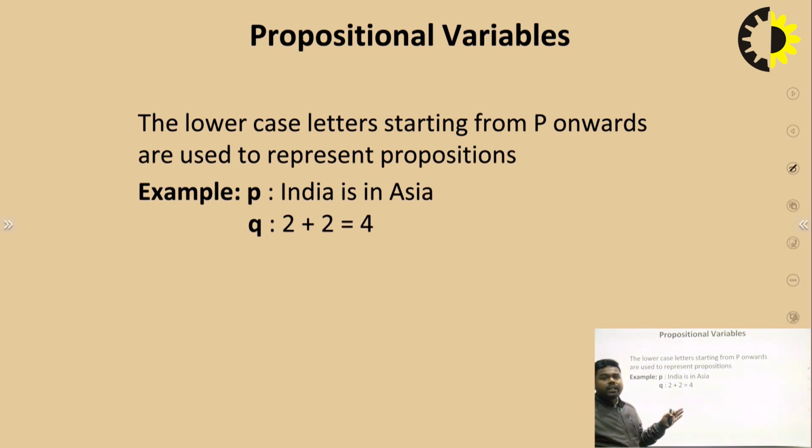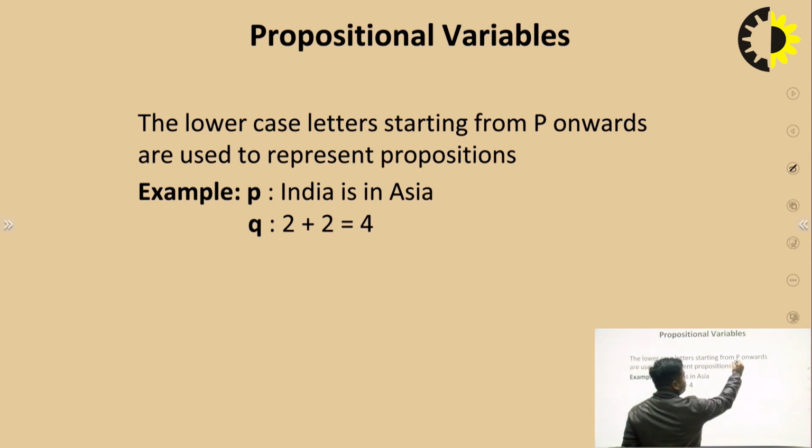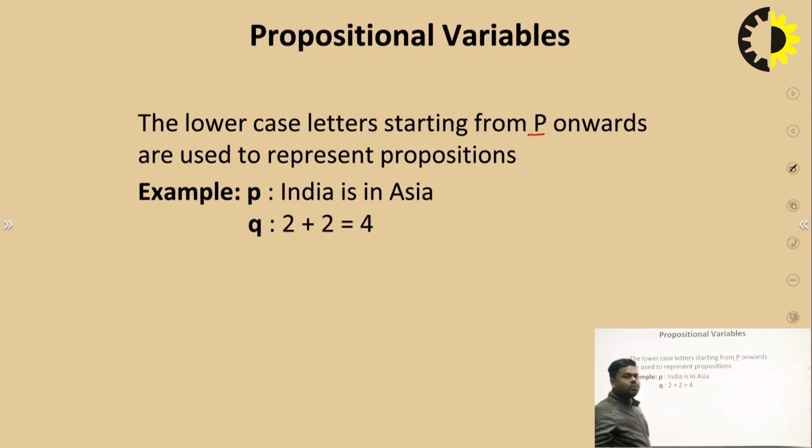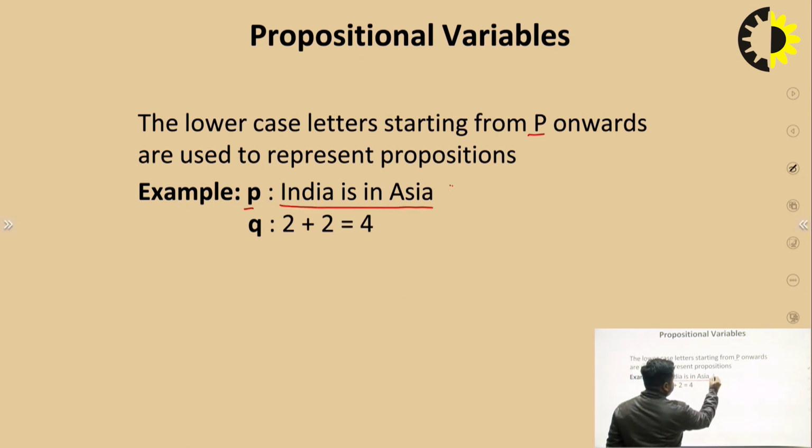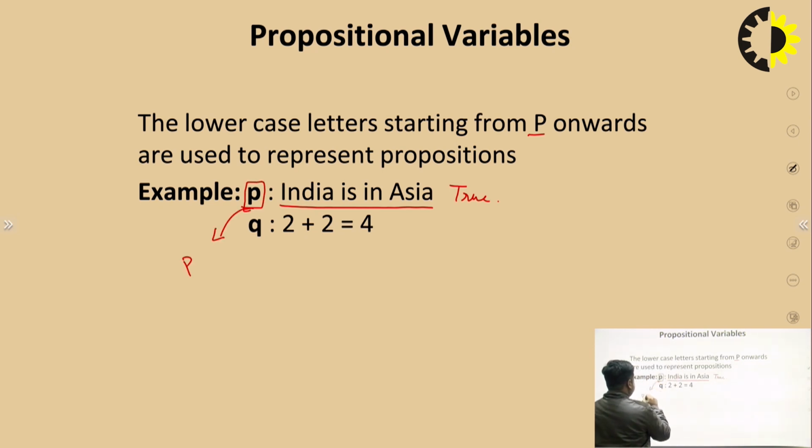I am not saying that we must start from p. You can start from a also, but in easy language we are using p and q. So we write p onwards to represent our propositions. Here the p statement is: India is in Asia. It is a true statement, and this p is a propositional variable.